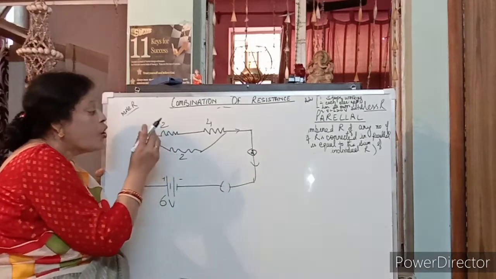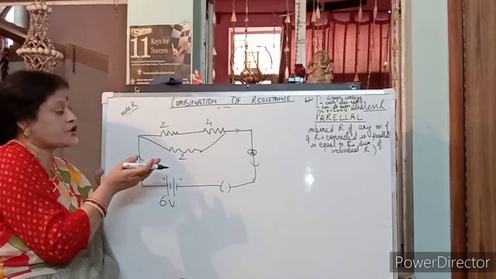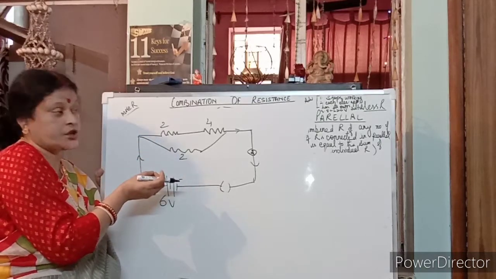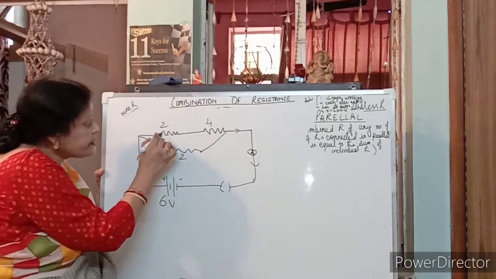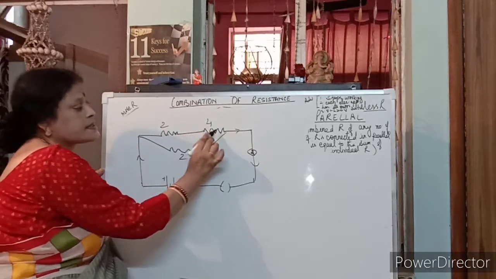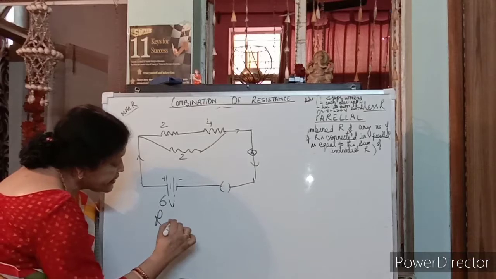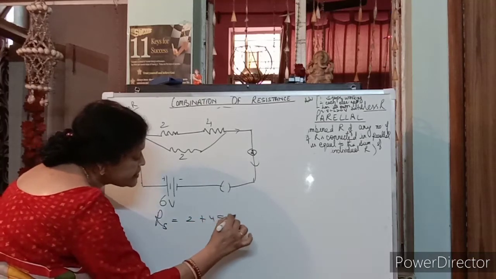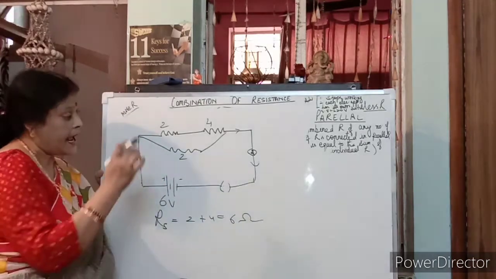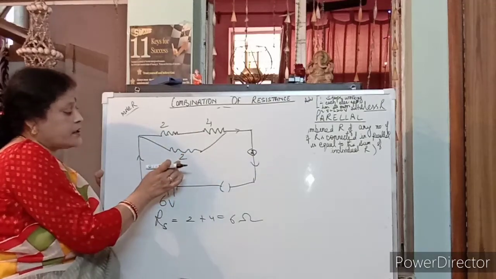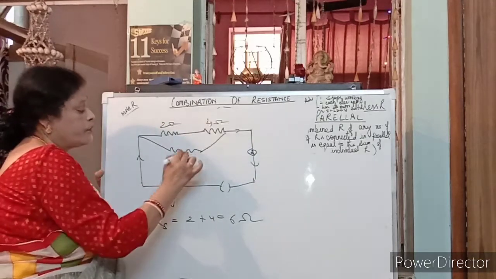First we have to see which are in series combination and which are in parallel combination. See students, this is end to end, which means this is series combination. So first step, we find the series: 2 plus 4 is equal to 6 ohm. And this is connected in parallel with 2 ohm.